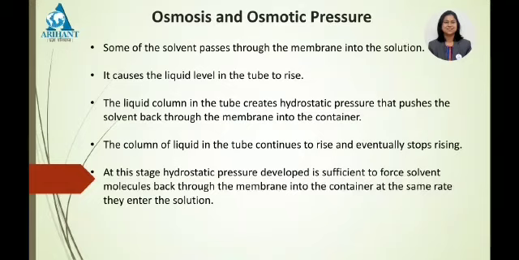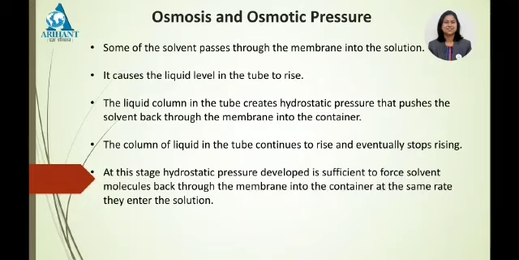The liquid column in the tube creates hydrostatic pressure that pushes the solvent back through the membrane into the container. The column of liquid in the tube continues to rise and eventually stops rising.